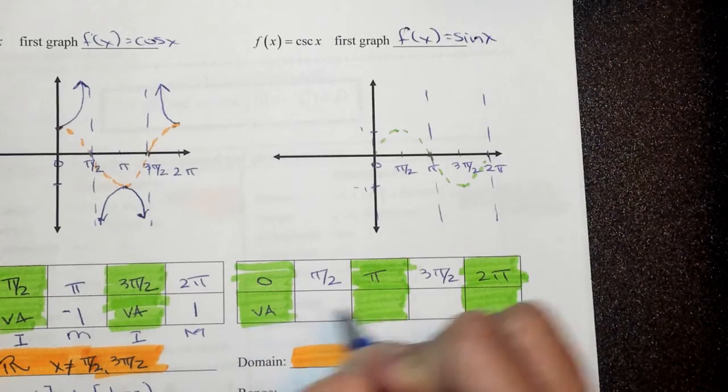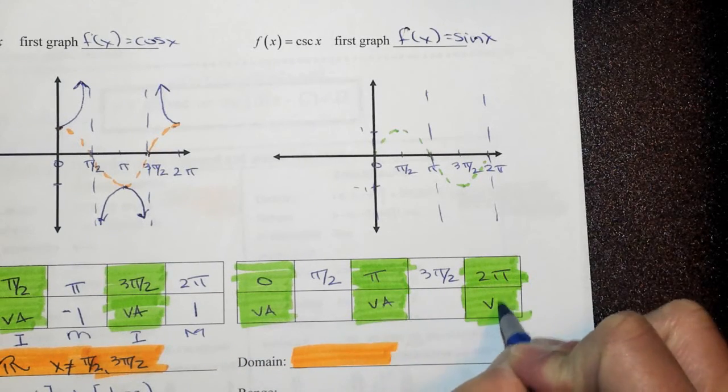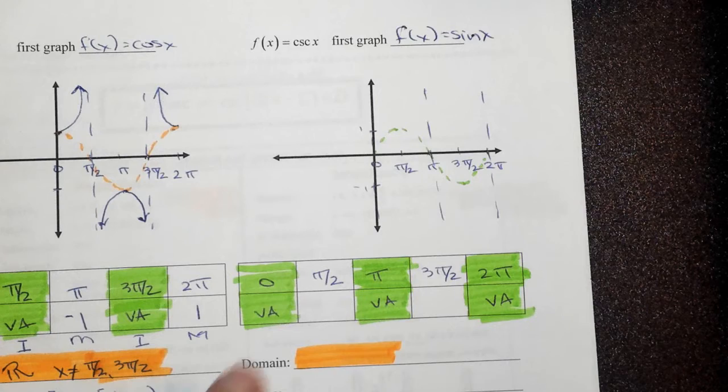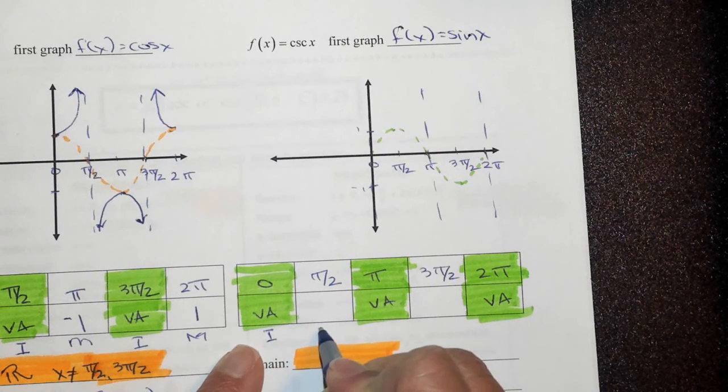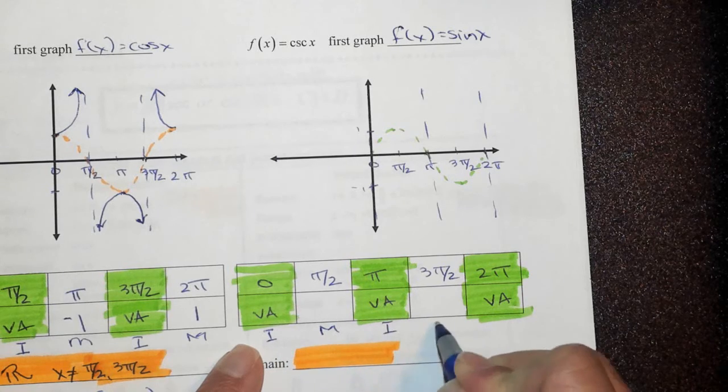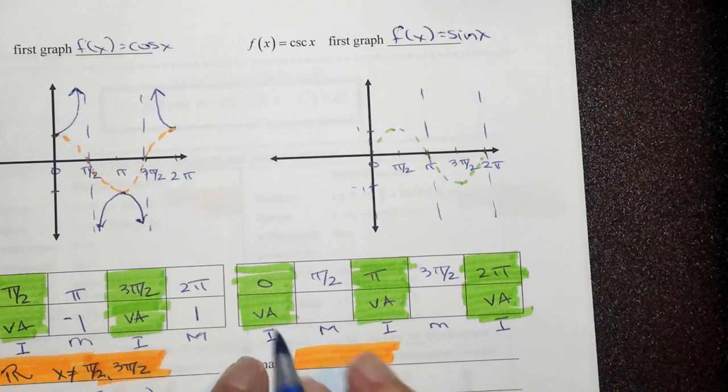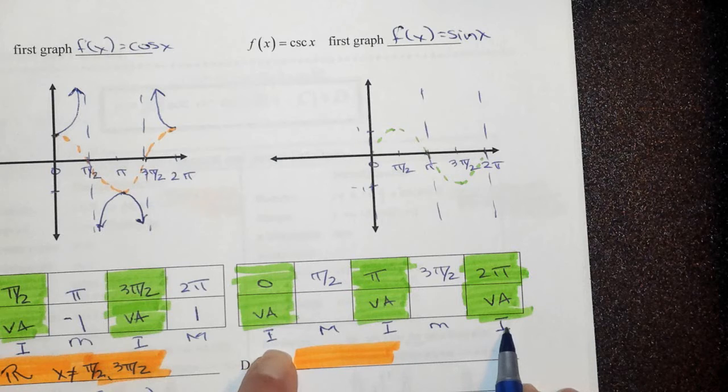Okay, so for our sine curve, this would normally be an intercept, max, intercept, min, intercept. So wherever I have an intercept for my sine curve, I have a vertical asymptote for the cosecant.